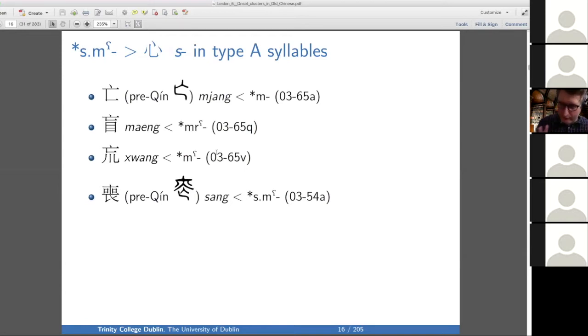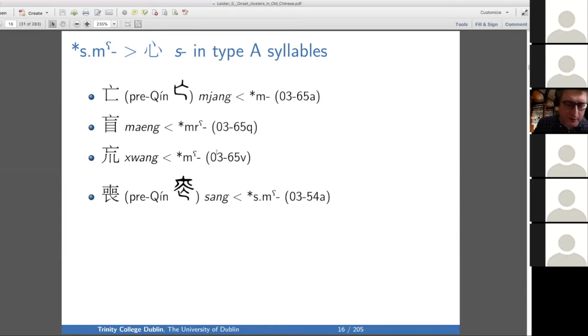Here and in other places, you will see that I give a pre-Qin form of the script, and I'm not doing that in any kind of rigorously paleographic way. It's just to help you see that the analysis of these characters as belonging to the same shesheng series is plausible. If you look at the fourth character on the slide, it's not really obvious that it belongs in this series. But if you look at its pre-Qin form, it seems pretty plausible, right?